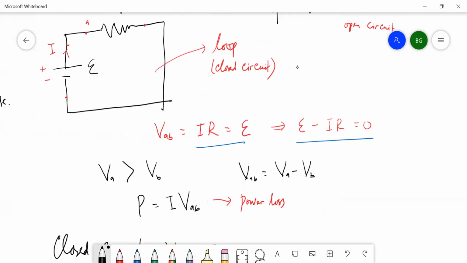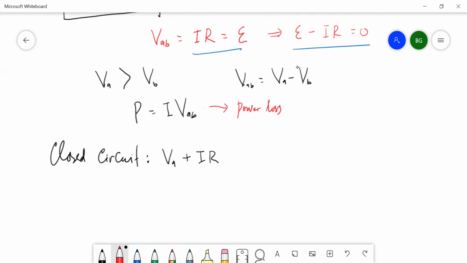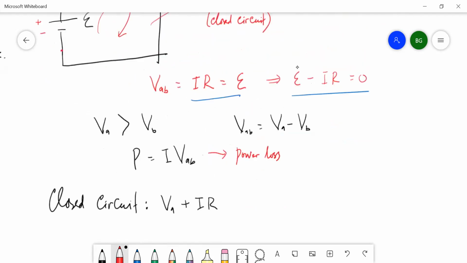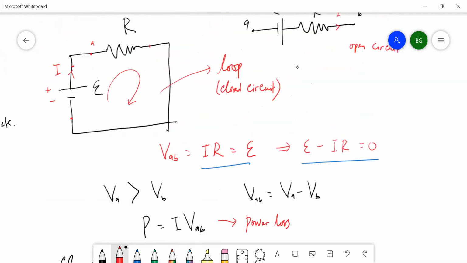So for example, we take the loop something like this, and this is minus because the loop and the current are in the same direction.